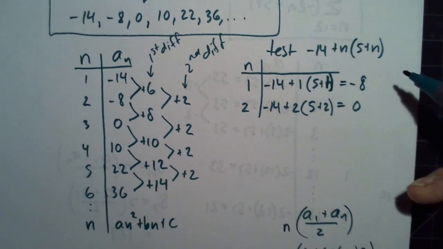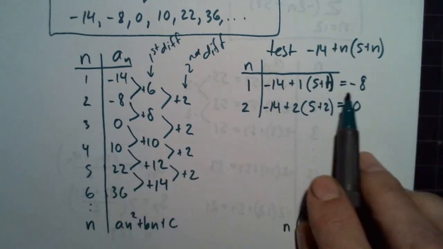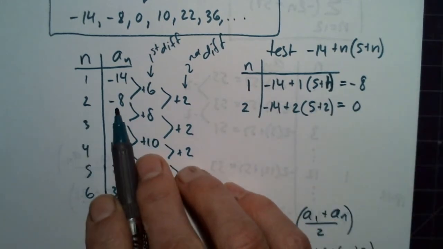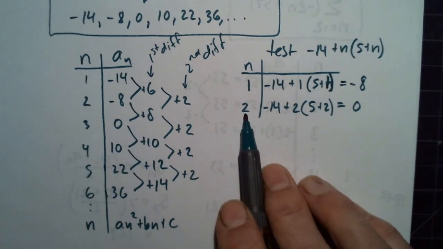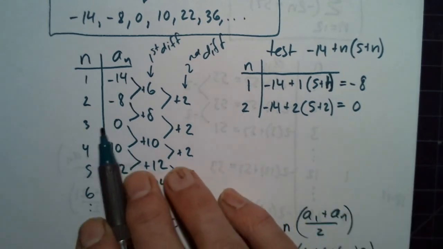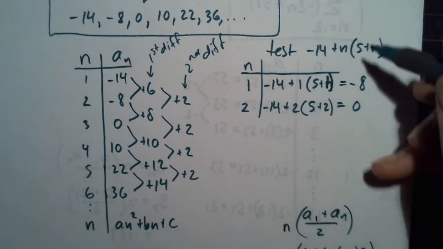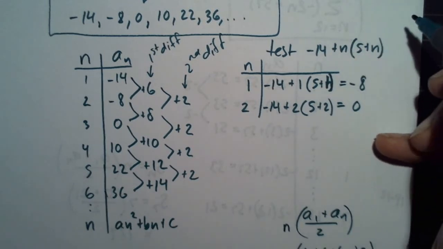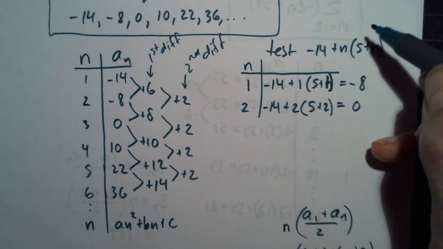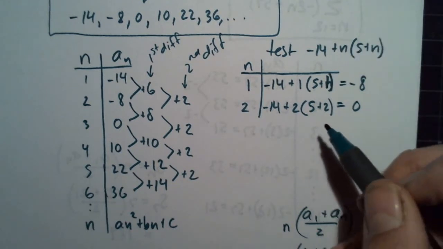So look what's happening. When I put a 1 in, I'm getting what I should get when I put in a 2. When I put a 2 in, I'm getting what I should get when I put in a 3. So we need to adjust the values of n here, and we can just have this be n minus 1.